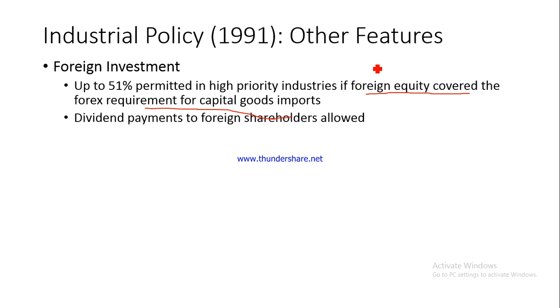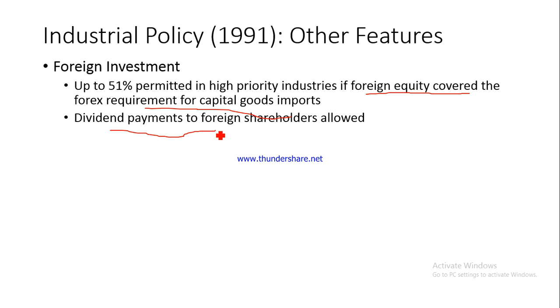Then again, if the 51% stake is with the foreign partner, naturally he will have to be paid some dividend also. You know, the dividend is basically the payment made to the shareholders. So naturally the dividend will have to be paid to the foreign partners also. And now this was also allowed. If you have a look at what has been shown here, dividend payments to foreign shareholders was allowed.